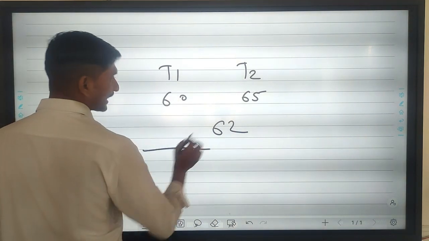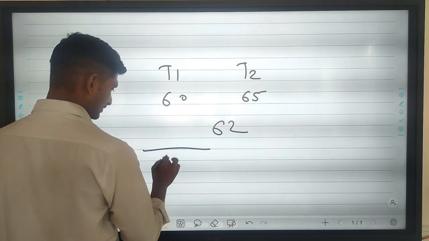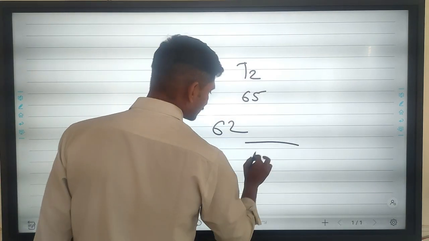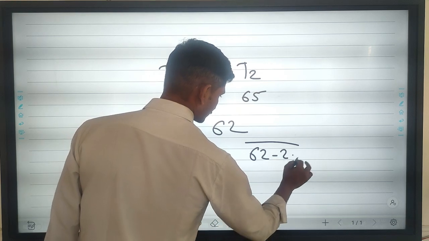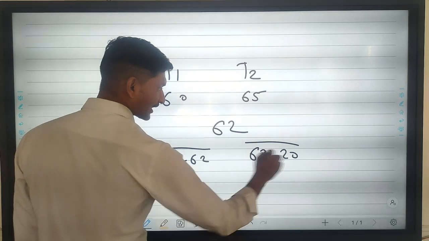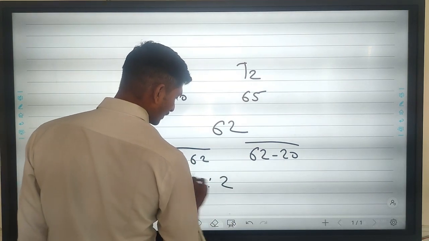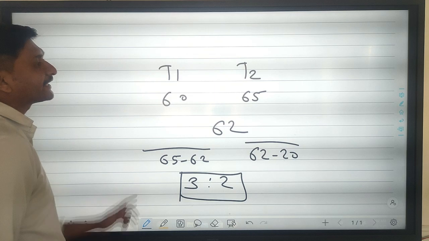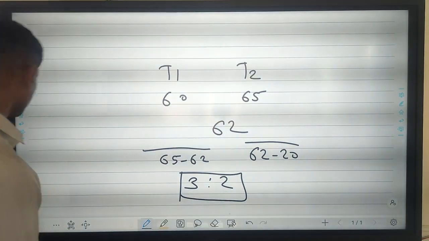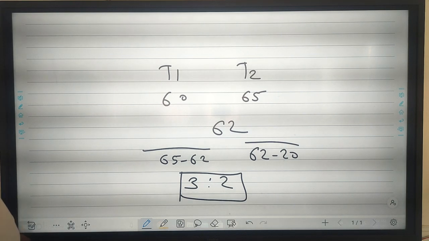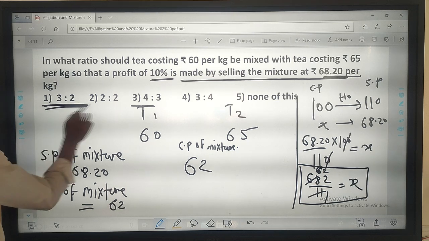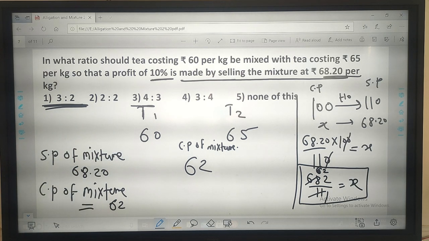Now we write the subtraction of these two and the subtraction of these two. Here the subtraction is 3 and here the subtraction is 2. Now these two teas are mixed in the ratio 3:2. Your answer is 3:2. Next.